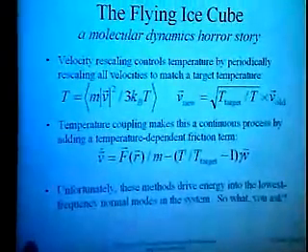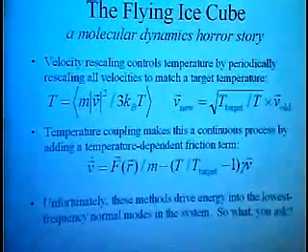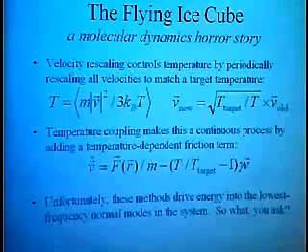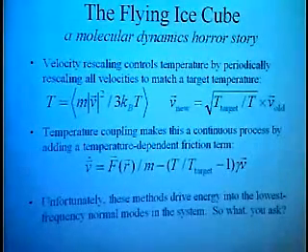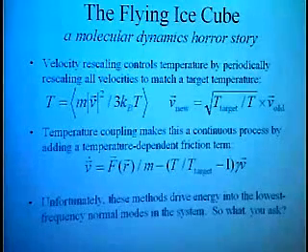Simply the kinetic energy of each atom divided by its expected energy at a certain temperature. Ignore this T. Kinetic energy divided by 3 times the Boltzmann constant, averaged over all the atoms in the system, is our estimate of temperature.